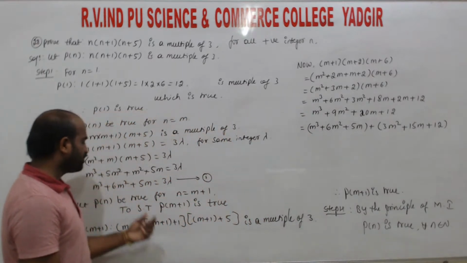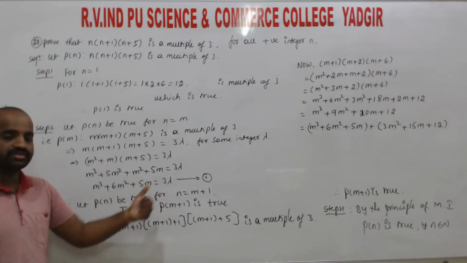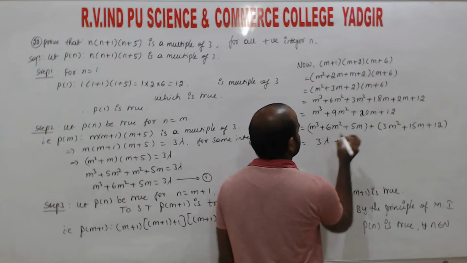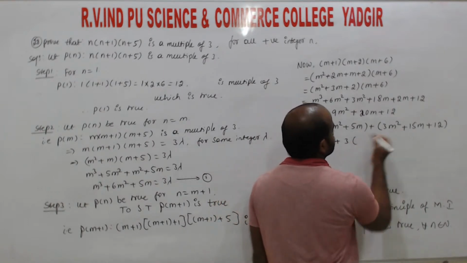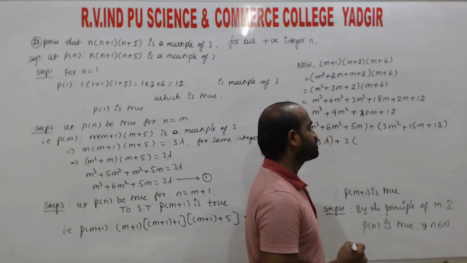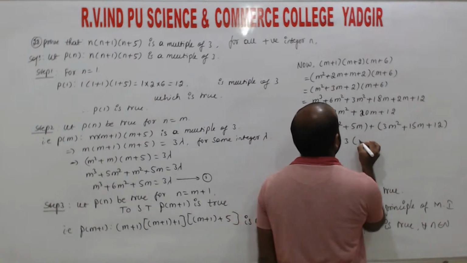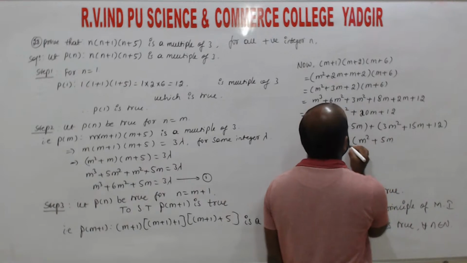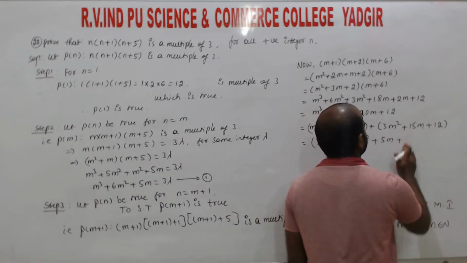The first equation can be written as 3 lambda. m cube plus 6m square plus 5m is equal to 3 lambda, plus this one, 3 is common: 3m square plus 15m plus 12. In this expression 3 is common. Now we get m square plus 5m, 3 into 5 is 15, plus 3 into 4.